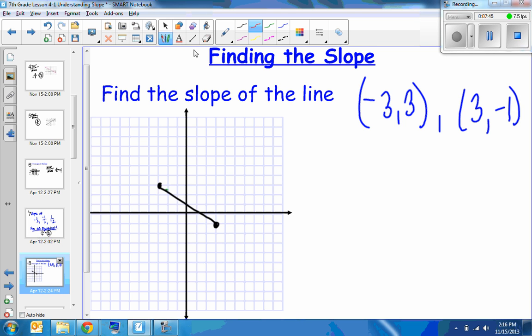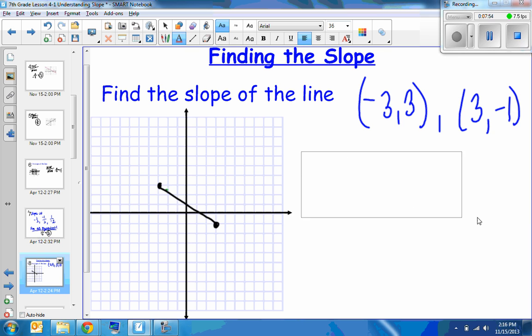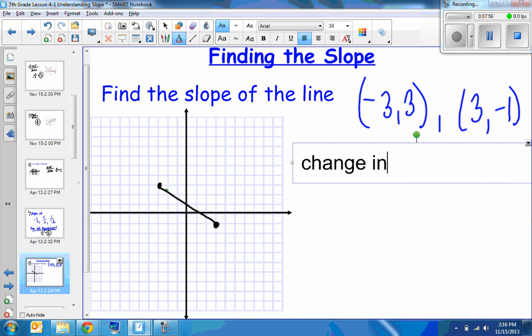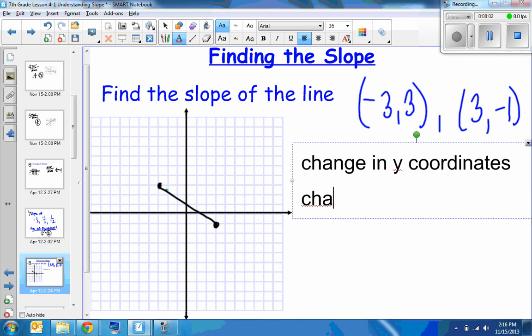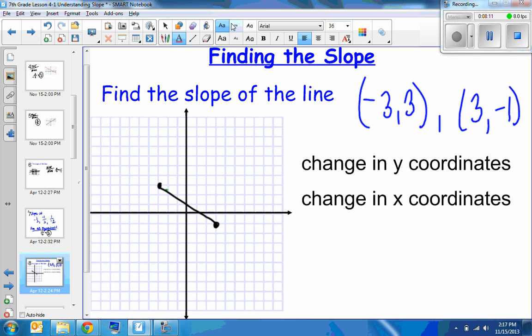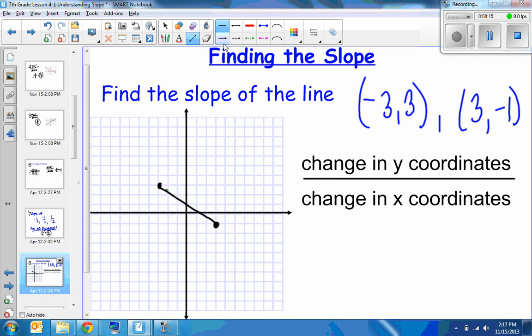So for the formula, you want to use the change in y over your change in x. And we'll still set it up as a ratio.